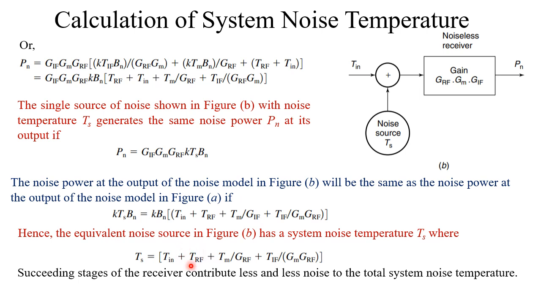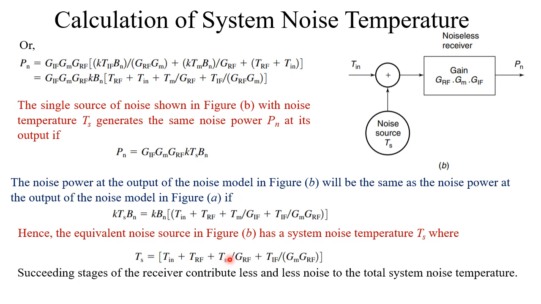So if we use LNA, the amount of noise contribution will be lesser. So for LNA, TRF will be lesser, right? See, there is no denominator term here. So if this term is higher, then overall noise temperature would be higher. Get it?